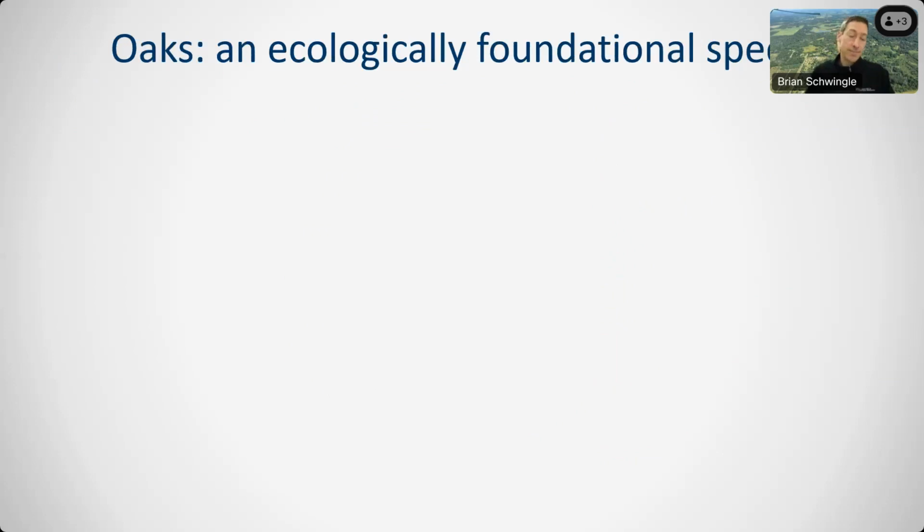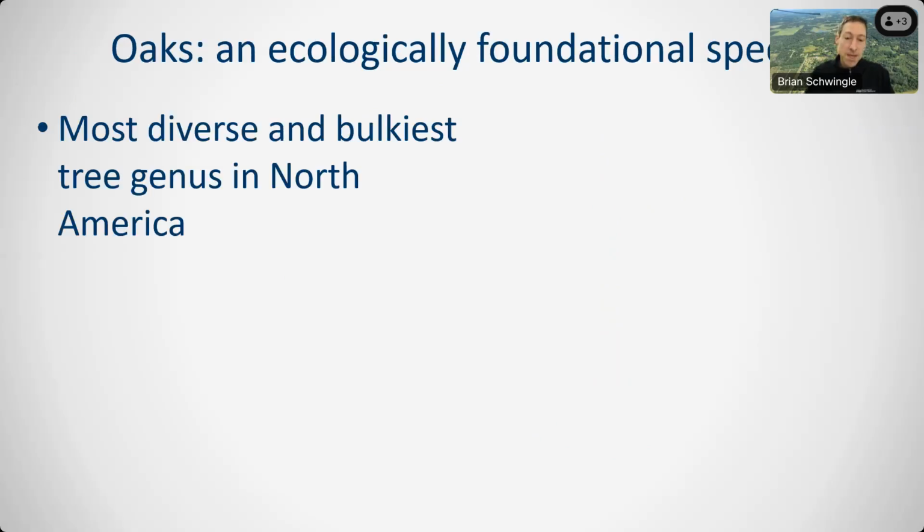So they're really common. Oak in Minnesota and throughout North America is an ecologically foundational species. They have the highest biomass out of all the tree genera, and they're the most diverse. When I say genera, that refers to the first part of the scientific name.